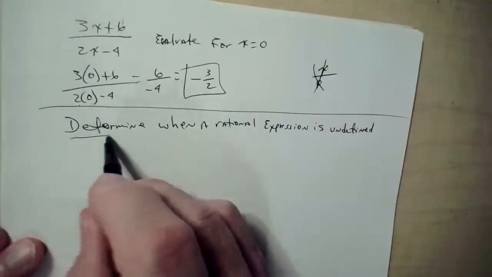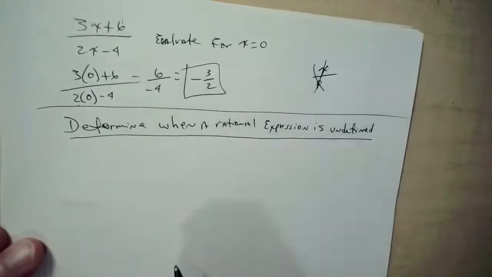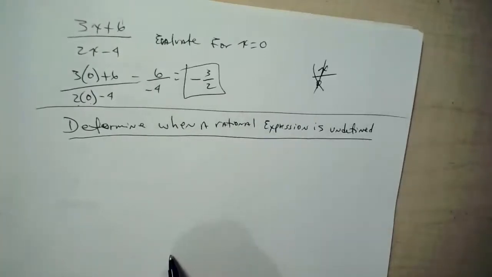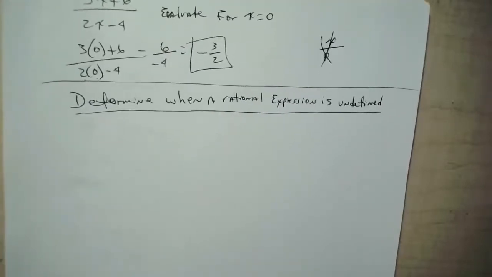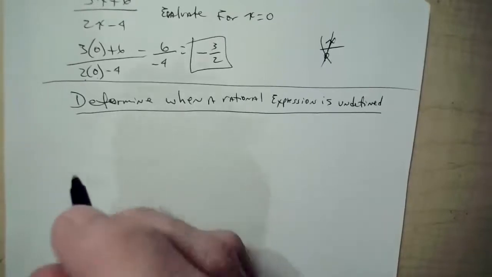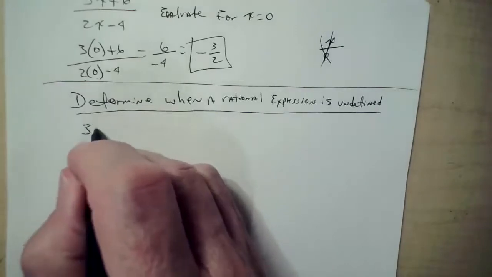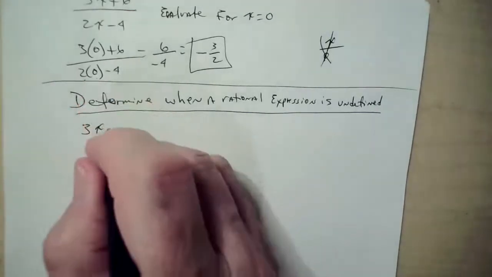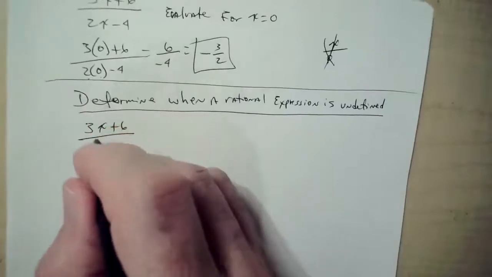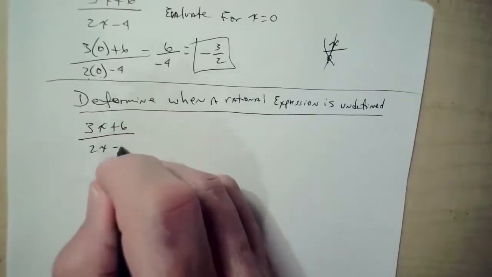When you get 0 in the denominator, you got undefined. Okay, at some point, all rational expressions will have an inconsistent solution, or you can say an undefined solution. Now, this is very, very simple also. It just sounds hard.